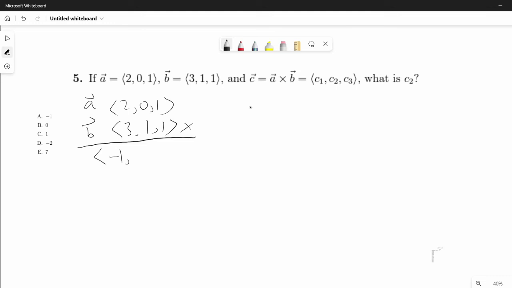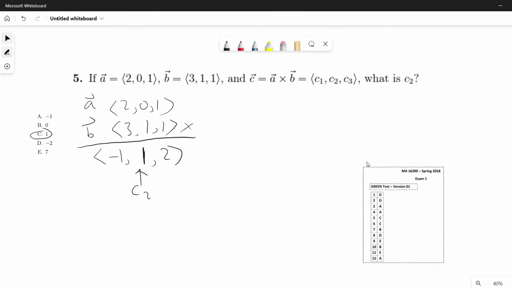Then for the second column, it'd be 2 minus 3, but for the second element you take the negative of that, so it will actually be 1. And then, ignoring the third column, it will be the diagonals 2 minus 0, which would be 2. C2 here would just be the second element, which would be 1. And answer choice C.